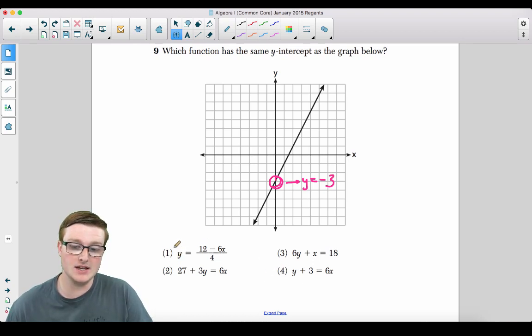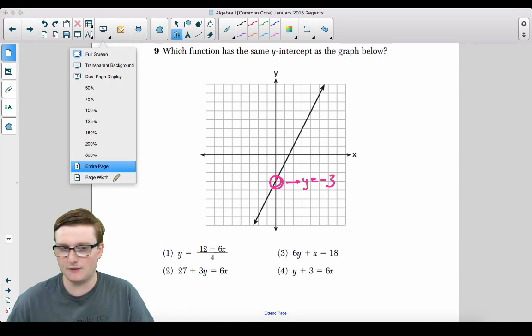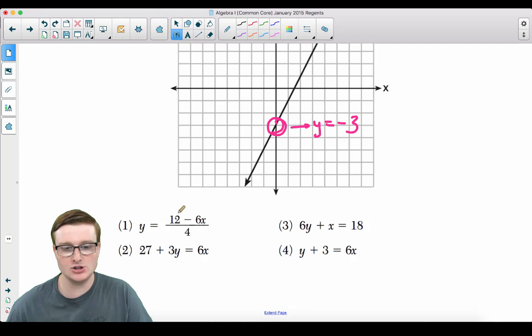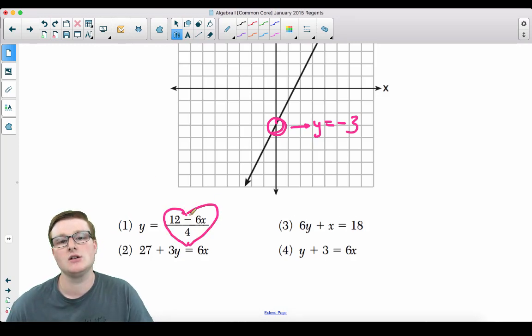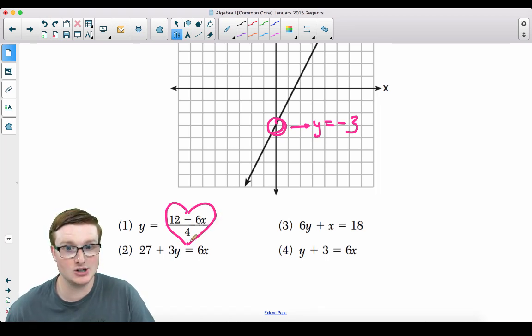This one's interesting how they did this. They have a fraction where you need to split this up into 2 fractions. If your teacher ever told you I heart algebra, you just draw a heart around the denominator and the numerators. And 12 divided by 4 represents your y-intercept. Well, that's +3. That's not -3, so that can't be the answer.